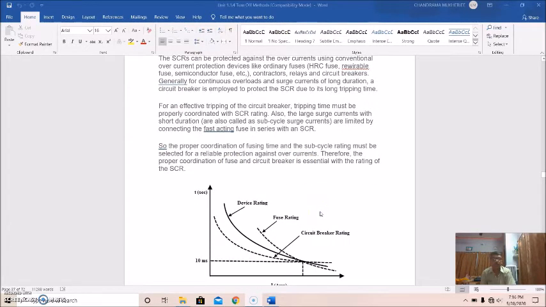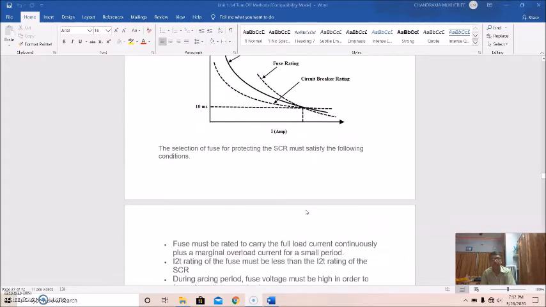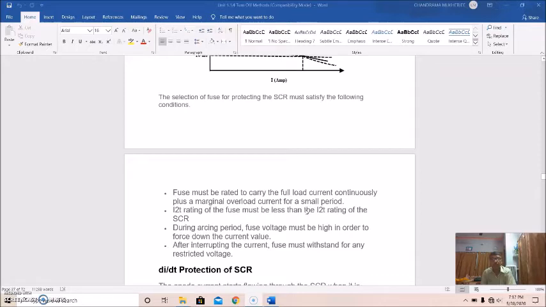So proper coordination of fusing time and subcycle ratings must be selected for reliable protection against overcurrents. Therefore, proper coordination of fuse and circuit breakers is essential with the rating of the SCR. Here, the selection of a fuse for protecting the SCR must satisfy these conditions: device rating, fuse rating, circuit breaker rating, etc. The fuse must be rated to carry the full load current continuously plus a marginal overload current for a small period.